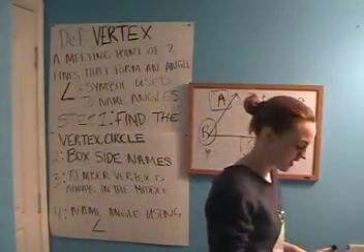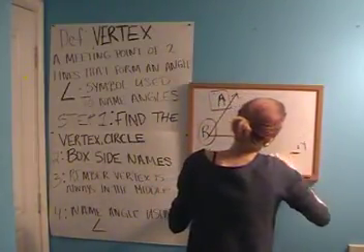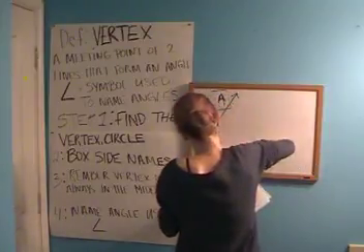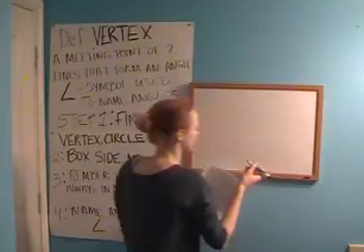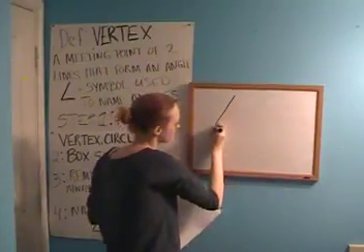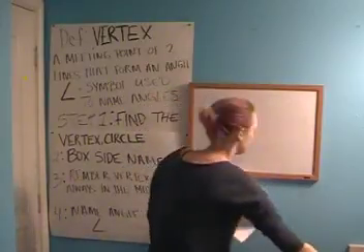Let's go ahead and do another example. Go ahead and erase this really quick here, and I'll draw another one. Only this time, it's going to be a different shape of an angle.